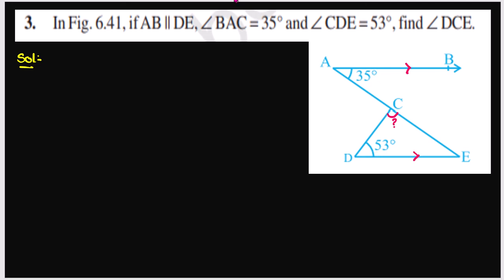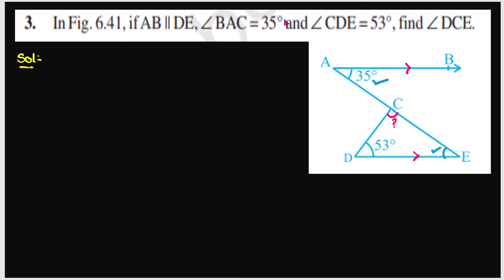Already it is given that AB is parallel to DE and AE is the transversal. Now if you observe angle BAE and angle AED, these two angles, this angle and this angle, what are they? They form a pair of alternate interior angles.